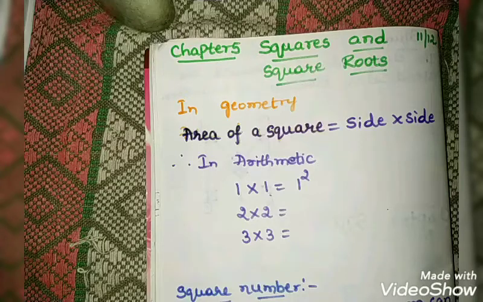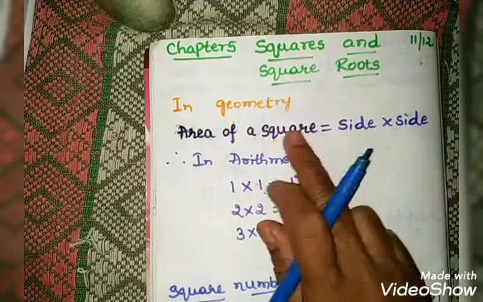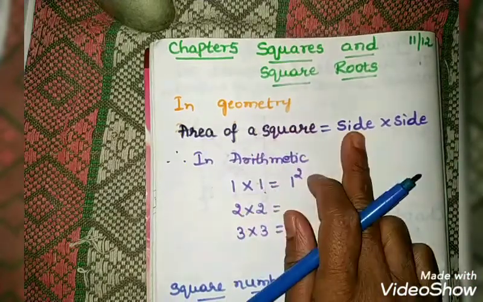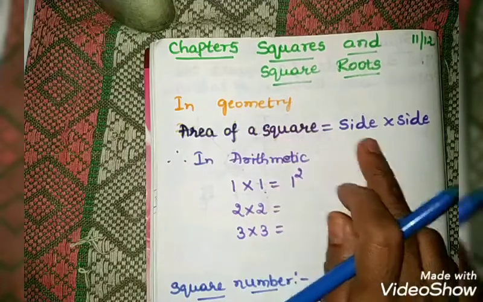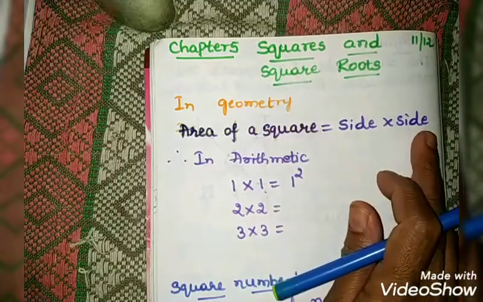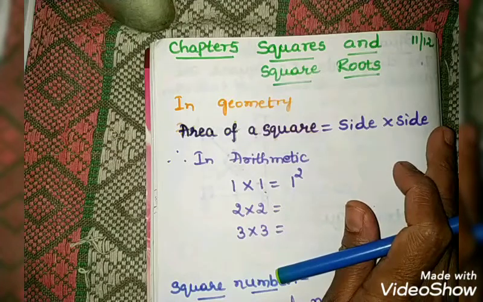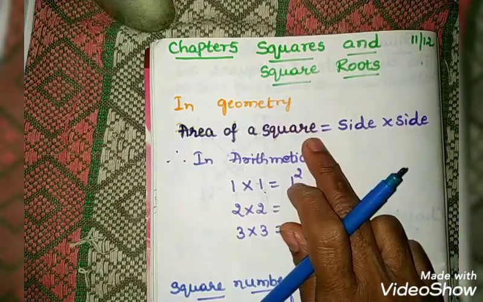Side means here length of a side, isn't it? Length into length also we can say. In geometry, it is like that. Side into side, when the same things are multiplied. That is the area of a square.